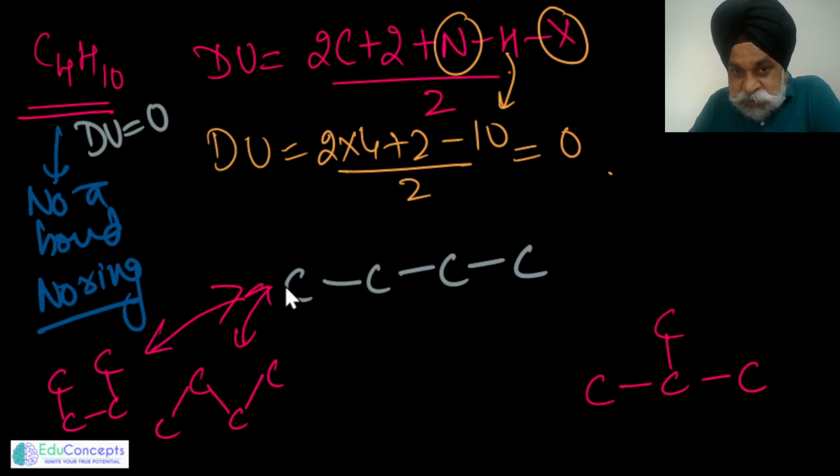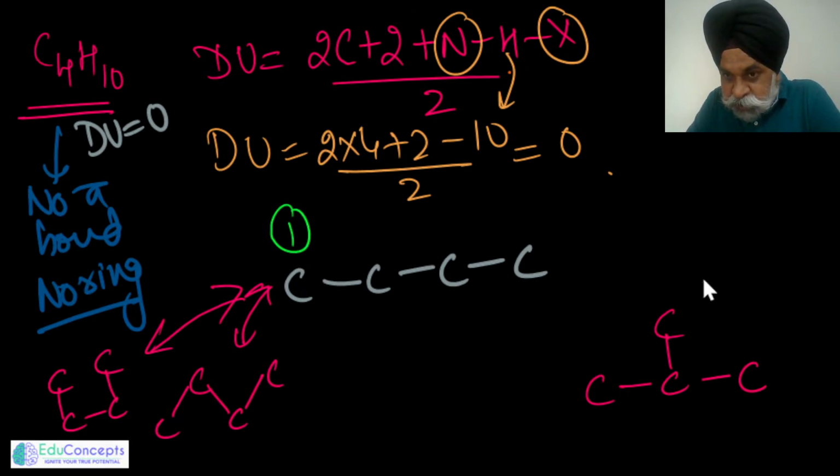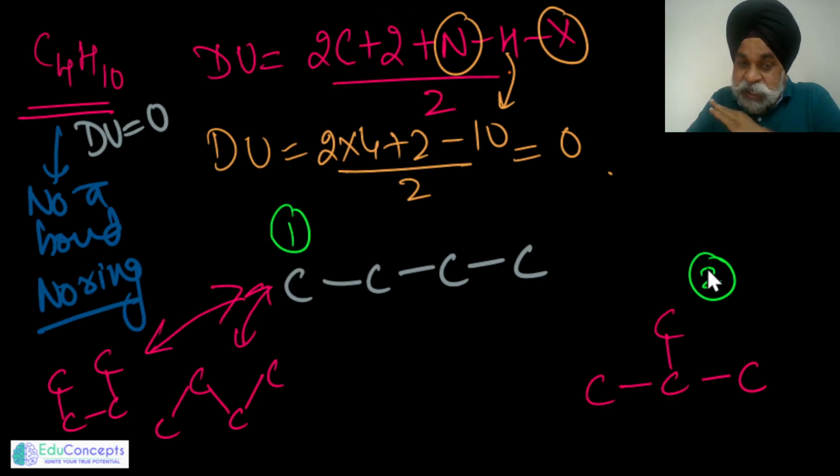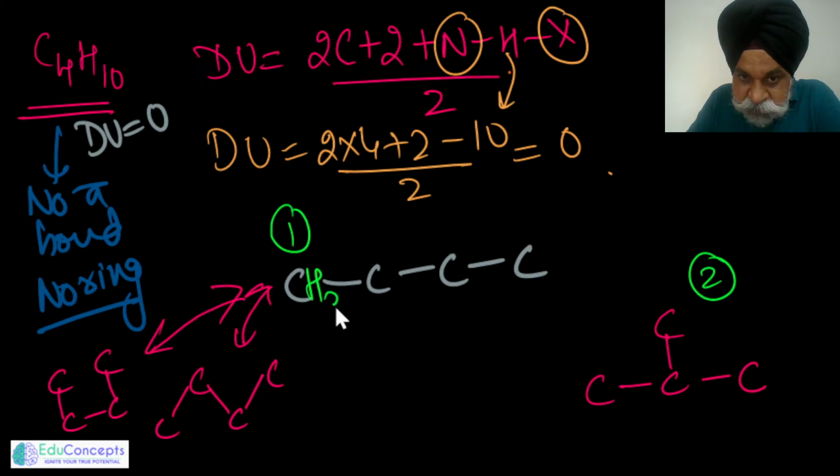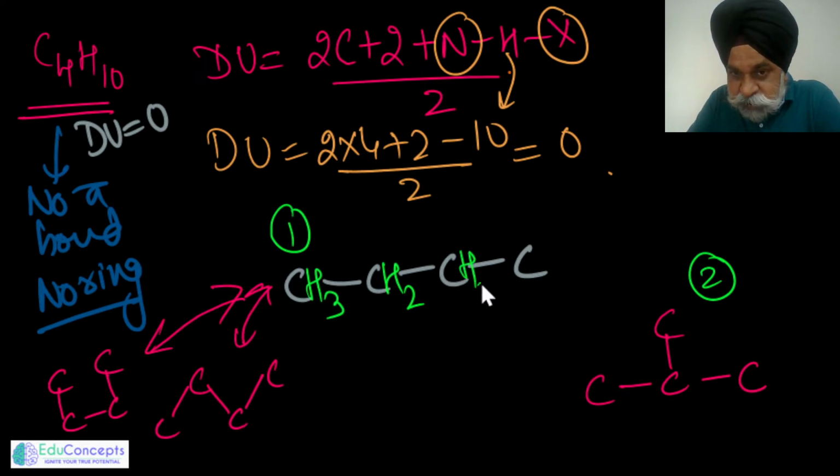Now, if I place the hydrogens, this is the beautiful thing. As soon as you find there are 4 carbon atoms which can be joined like this or like this, definitely it would come out to be 10 hydrogens. Just see here. 3 would come here, 2 here, 2 here, 3 here, to keep the tetravalency intact. So it becomes 10.